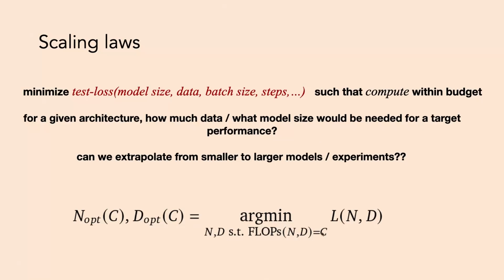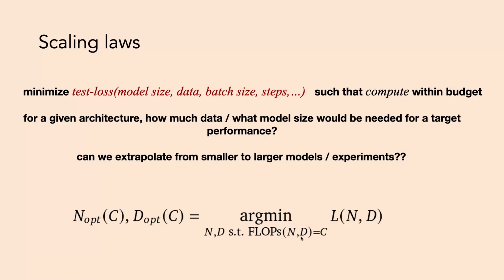So C is going to be the flops that are required to train a model of size N on a data set of size D. So roughly, to train a model with N parameters on a data set of size D, we'll have something like N times D amount of flops. It might be a little more complicated than that, but every additional data point, I need proportionally more flops.